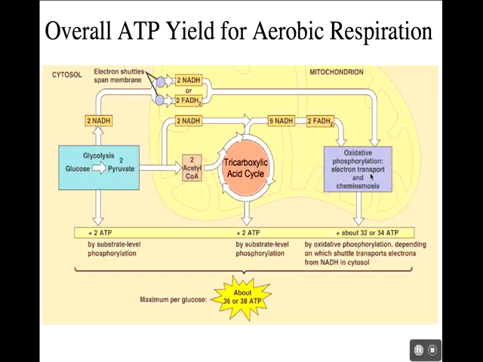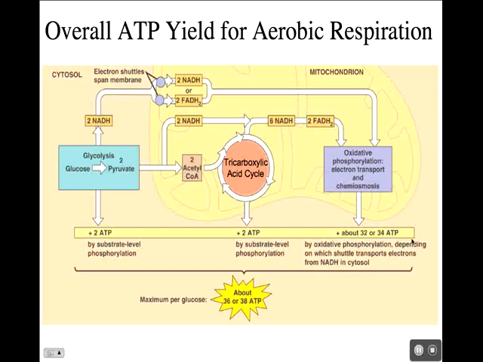So since there are 10 going into the ETS, 10 times 3 is 30 ATP that's made. There are also 2 FADH2s going into the electron transport system. Remember that the electron transport system makes 2 ATP for every 1 FADH2, so that means 4 more. So in electron transport and chemiosmosis, it's possible to make 34 ATP.